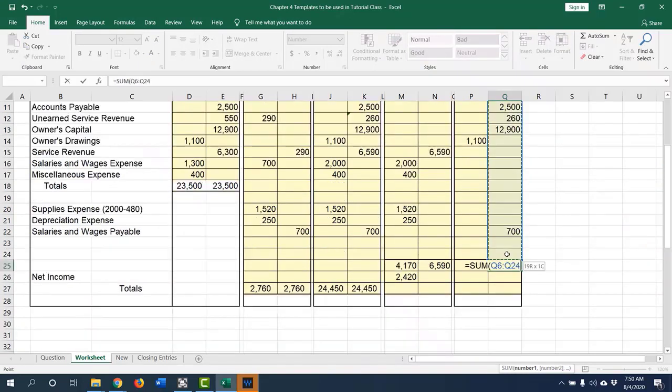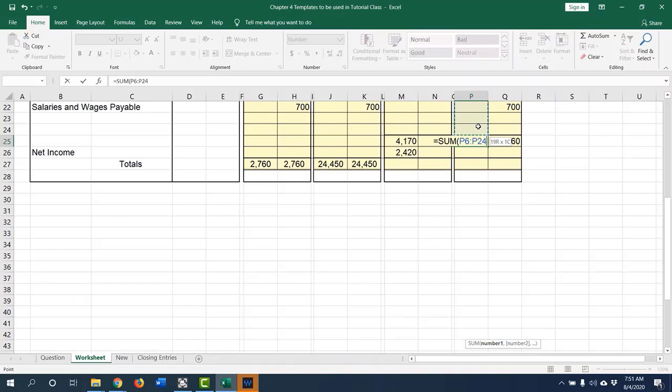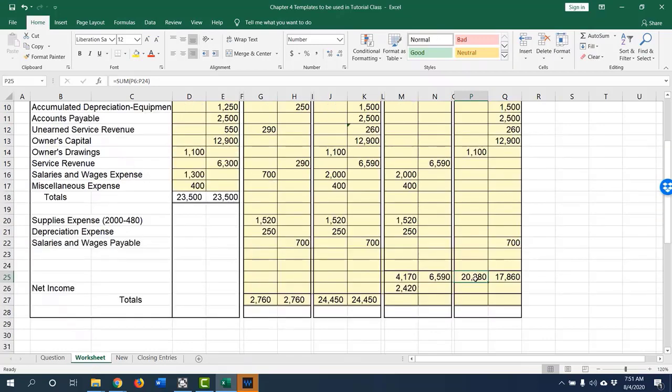All the credit side items total 17,860. All the debit side items total 20,280. These two are also not equal. So have we made any mistake? We'll see. No worry. Just check here.